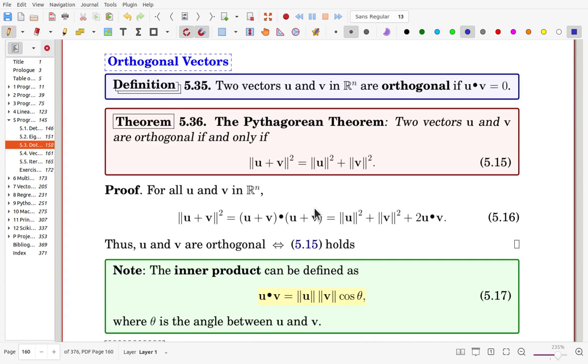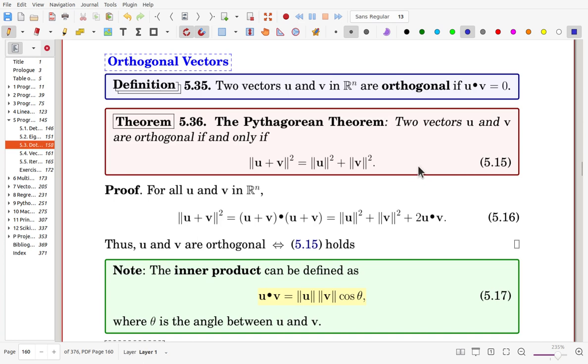Two vectors U and V in Rn are orthogonal if their dot product is 0. Here we have the Pythagorean theorem. Two vectors U and V are orthogonal if and only if the norm of U plus V squared is the same as the norm of U squared plus the norm of V squared.